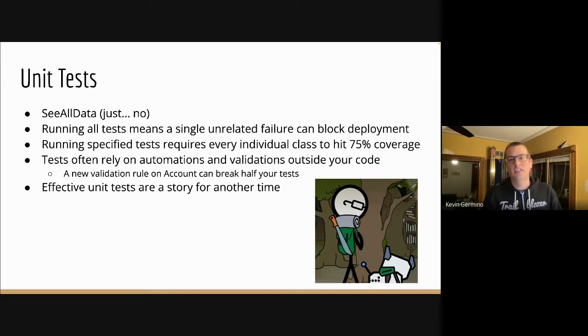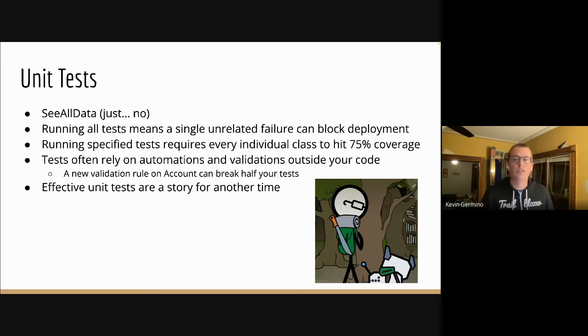The other thing is oftentimes people will run all tests, which is a good practice, certainly. But if you have 1,000 unit tests and one of them fails, your deployment can't go. And you might be locked into running all tests for deployment if your individual classes are not at 75%. So if you run specified tests, you can pick a selection of tests to run and then just deploy with that.